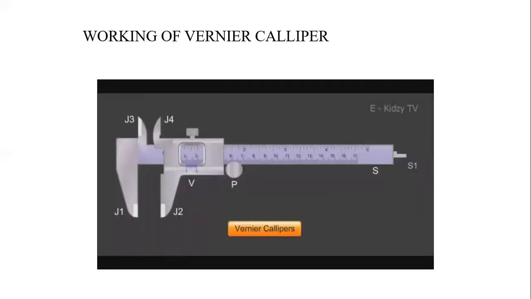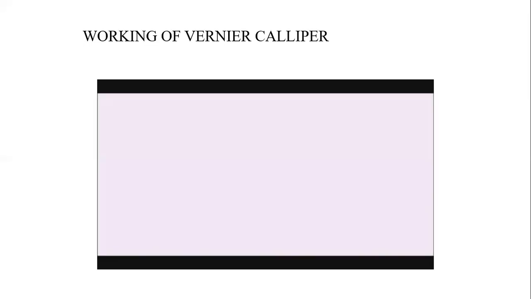The instrument is also provided with two more jaws, J3 and J4. J3 is a fixed jaw and J4 is movable along with the vernier scale. Jaws J3 and J4 are called internal jaws. Jaws J1 and J2 are called external jaws. Internal jaws J3 and J4 are useful to measure.